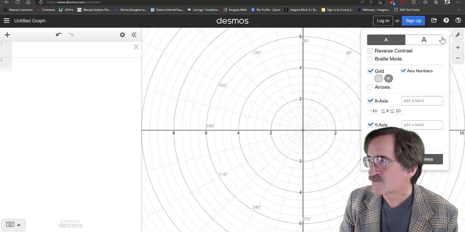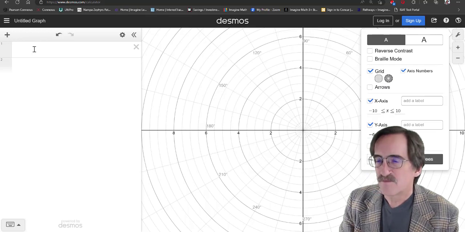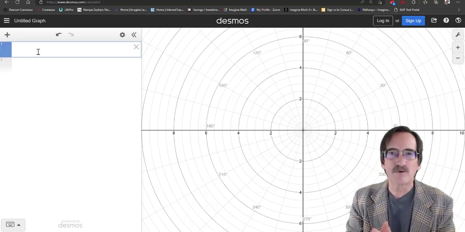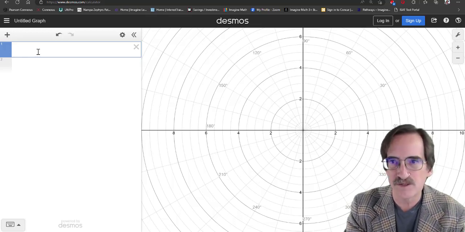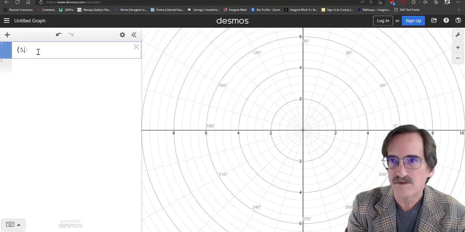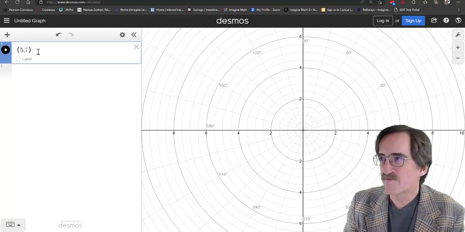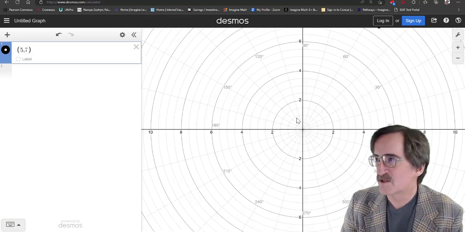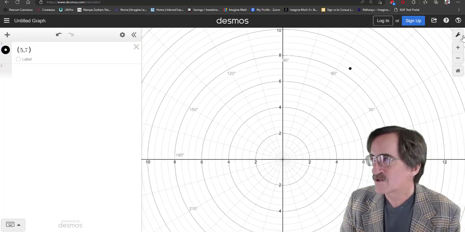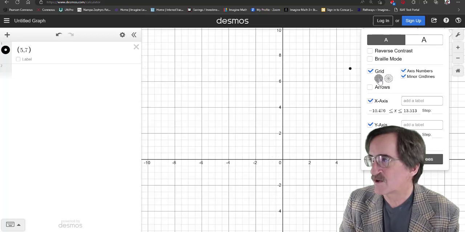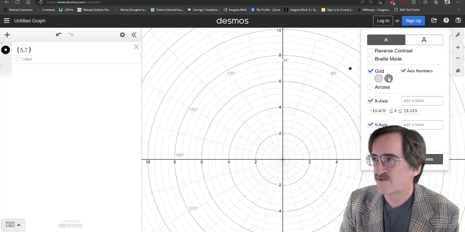Now, unfortunately, you can't put polar coordinates in Desmos. It interprets them as rectangular. So if I do 5, 7, it's going to graph it just like rectangular coordinates, right? So if I switch between rectangular and polar, it doesn't change. That's 5, 7. That's 5, 7.